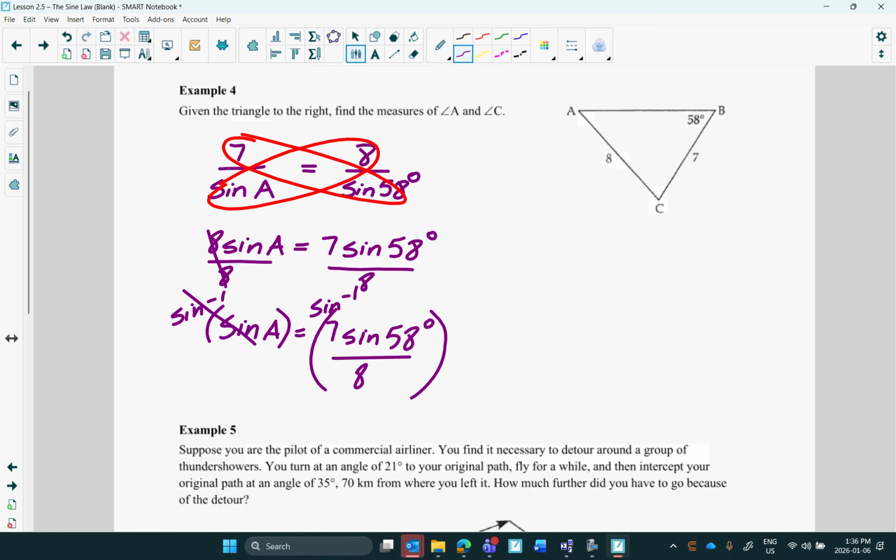So you have to do sine inverse of 7 times sine 58 divided by 8. And when you do that, you should get about 47.9 degrees. Make sure you know how to do that on your calculator.